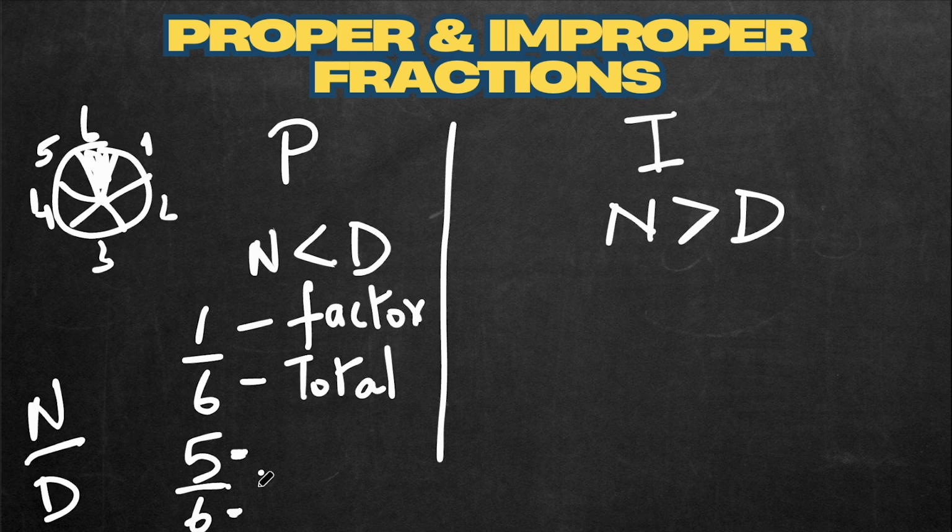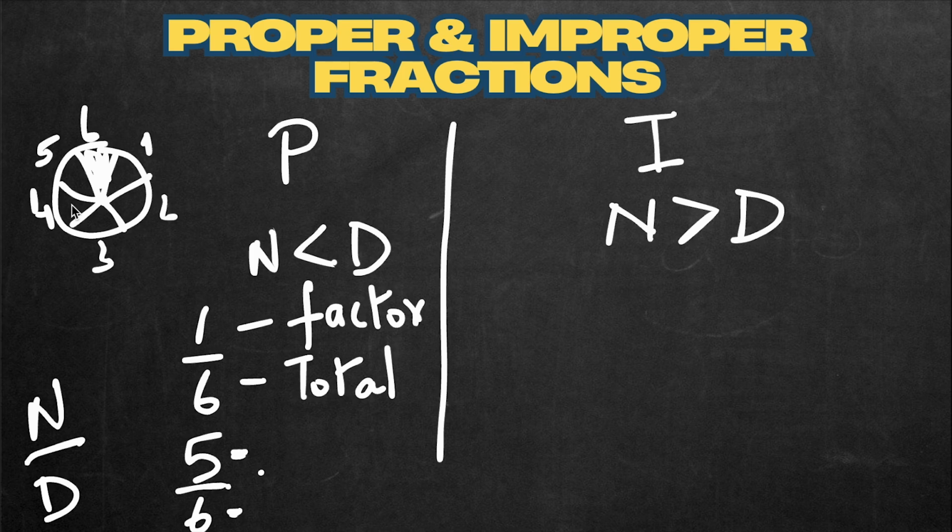Now an improper fraction, and why is it called improper, is because the numerator is bigger than the denominator. Now, just out of logic, just think, can you eat 7 slices out of this pizza? No, right? There are just 6 slices in total, so you can eat only 6. So the moment the numerator becomes bigger than the denominator, it becomes an improper fraction.